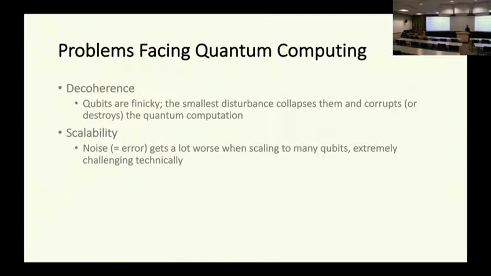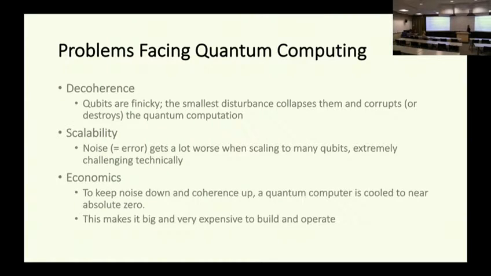This is why most of the quantum computers we have today have very few qubits. Except one, I'll talk about that. And the third one is economics. And again, I didn't say that, but as you can imagine, the way to bring the noise down is to cool it down to pretty much zero. To do that, you have to have liquid helium, which requires a bunch of other stuff. You need to have some equipment to keep it cool. And that stuff does not come cheap. So these things are pretty expensive to build and operate.